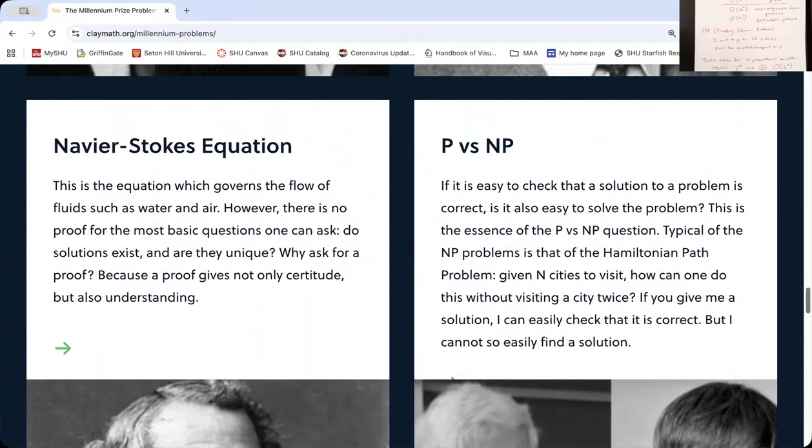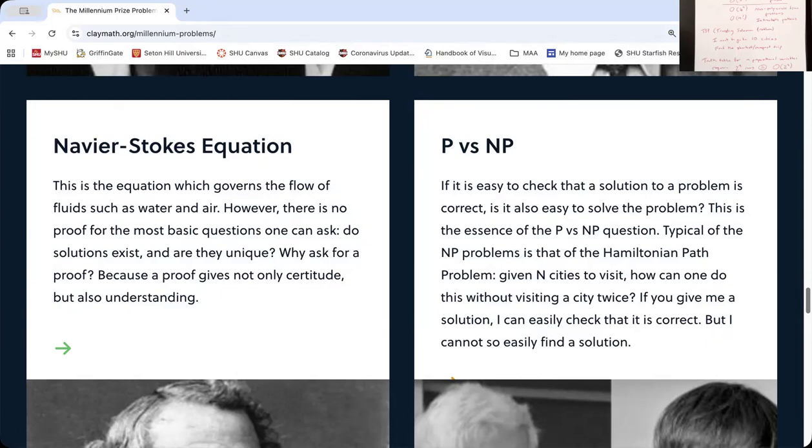That one right there is exactly this question. Is there a way to find the optimal solution to an intractable problem in a tractable amount of time? If you can find it, it's worth $1 million.